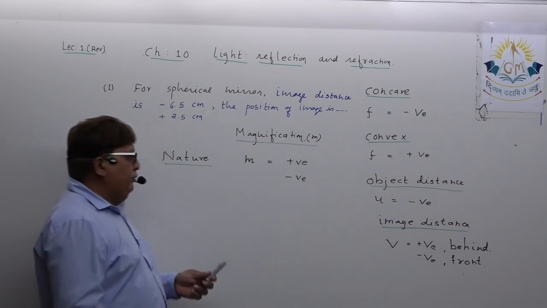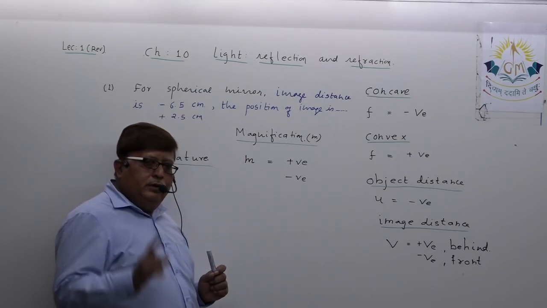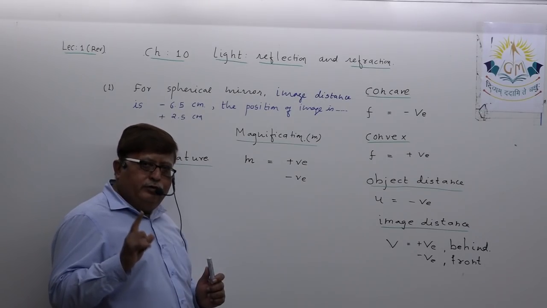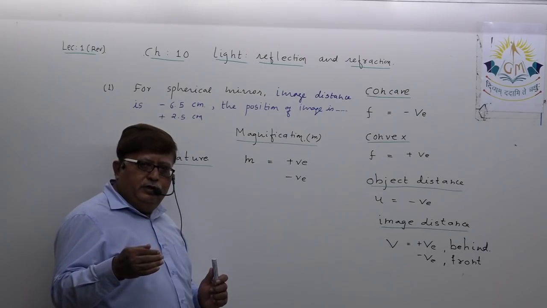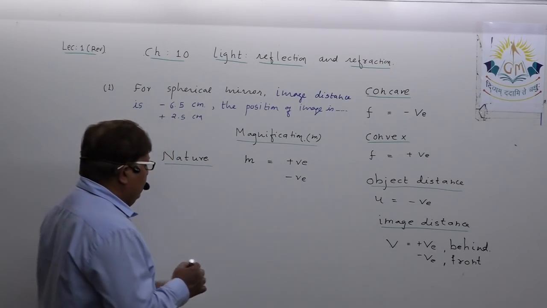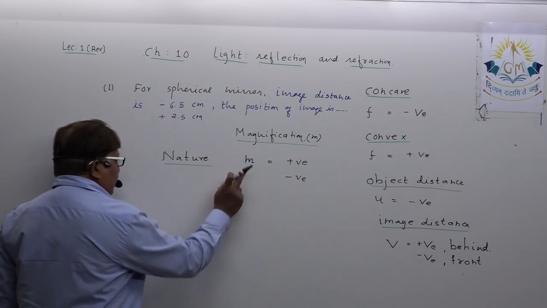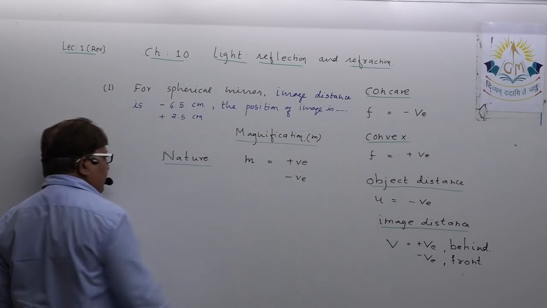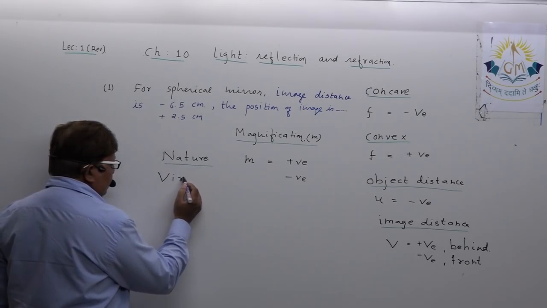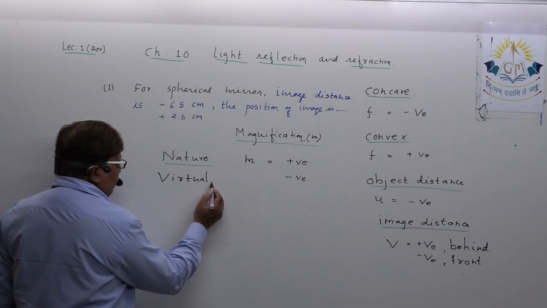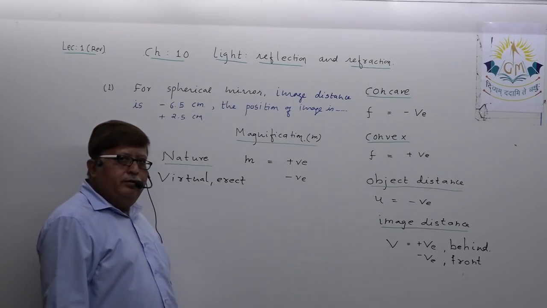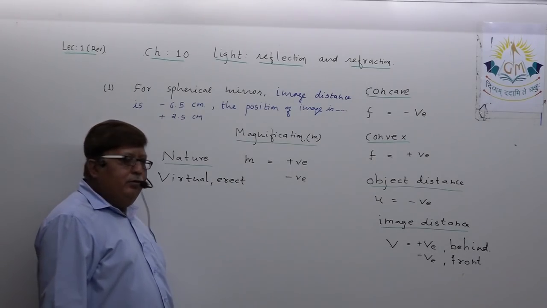Now, dear student, if magnification is positive, when you solve the example and you get m positive, that means relate the value of magnification with nature virtual. And when you say virtual, obviously erect, virtual cannot be inverted. So this is clear in your mind.